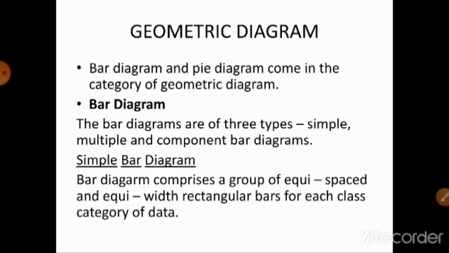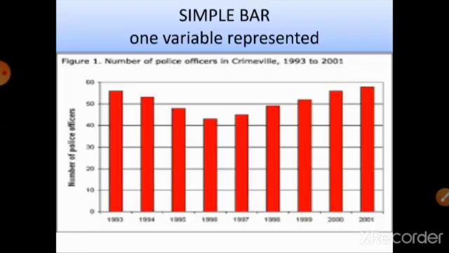In this, we will see the first one, the simple bar diagram. A simple bar diagram comprises a group of equi-spaced and equi-width bars. That means the width and the space will be equal between each bar. Clear? Here an example has been given for the simple bar diagram. You can see the spaces between each bar, that is, in each year.